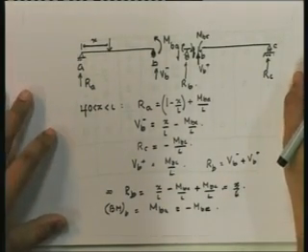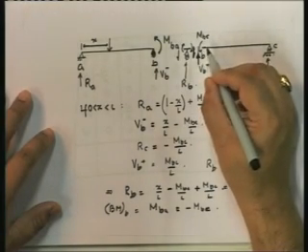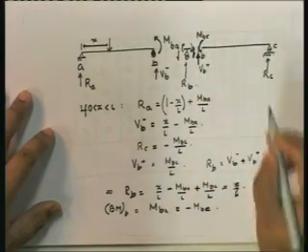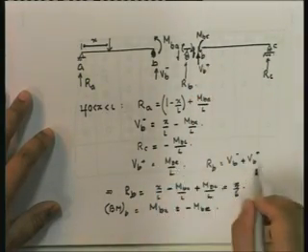Okay, and the other point that I would like to make is that MBC is this way, so RB is equal to this, and then this is proper.